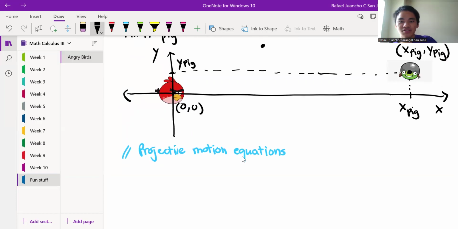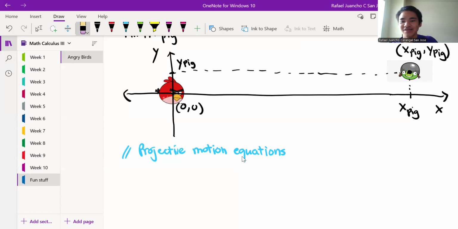Let's say the bird is here at time 2 seconds. At 2 seconds, the bird is at some x and some y. And we're going to make equations out of that so that we can determine the position of the bird.